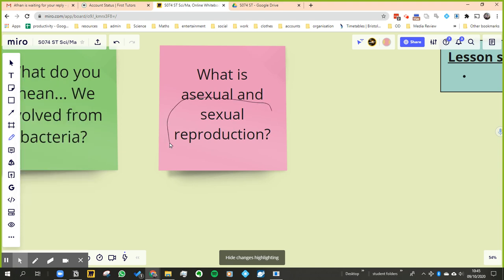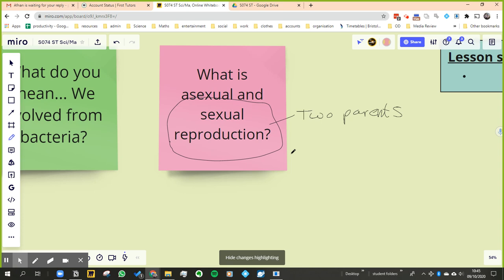Sexual reproduction just means two parents. Now the other thing to realize about this is that it includes plants. Most of the time, plants use two parents.